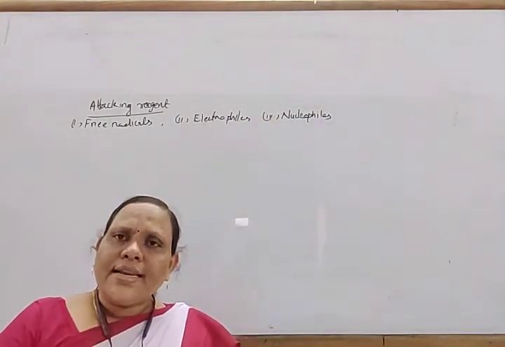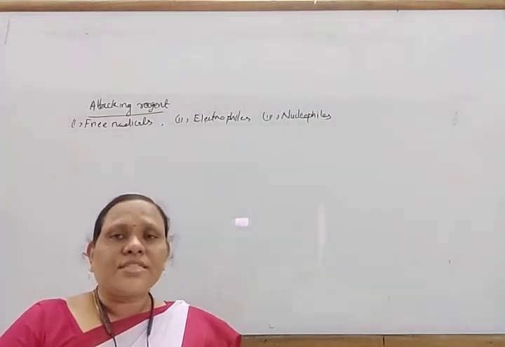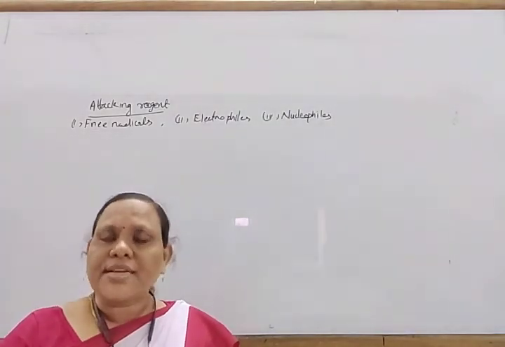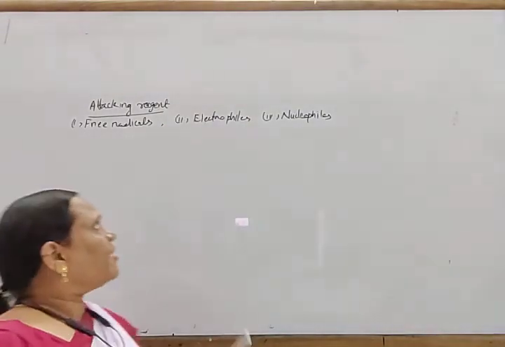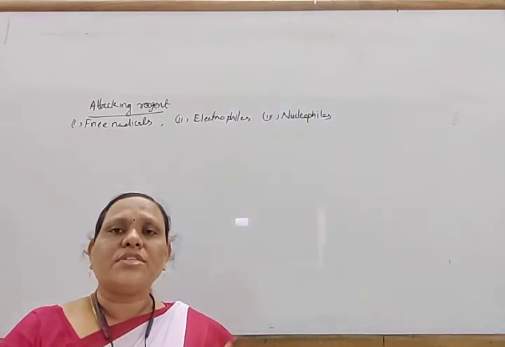So what are the free radicals? Free radicals were already discussed in reaction intermediates, how they are generated and what their nature is. That is the same in the case of attacking reagents, so no need to discuss free radicals here.